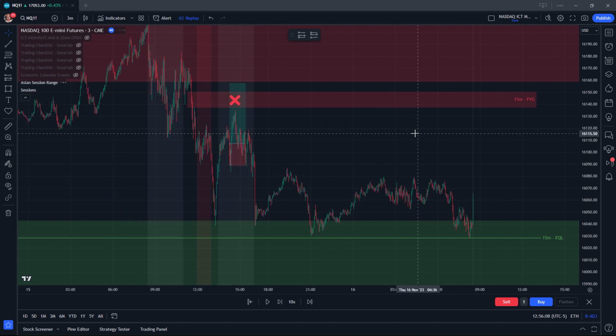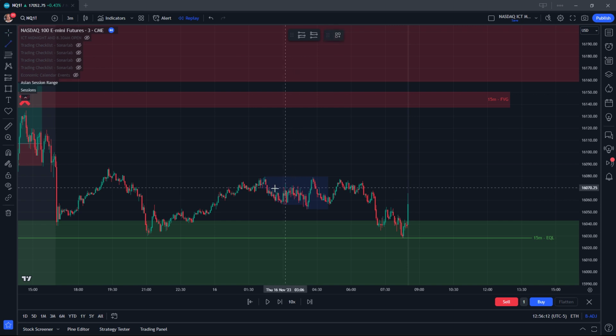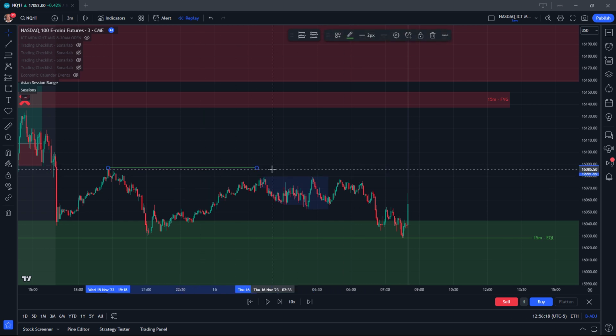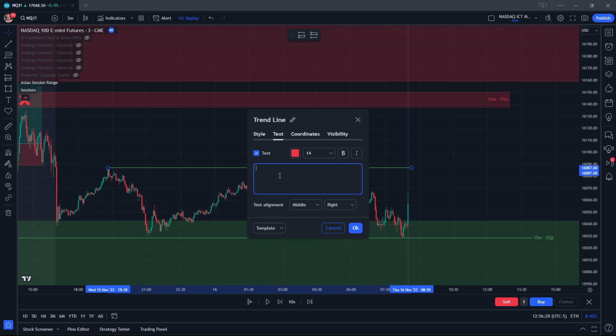Okay, so we're looking at this. We've got levels. We obviously want to make note of the London equal highs as well. I'll probably just extend that out to these overnight here. So we'll just call that equal highs.